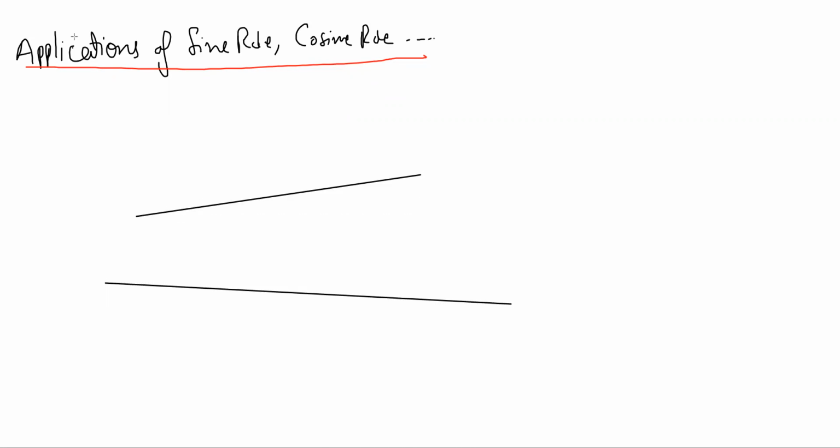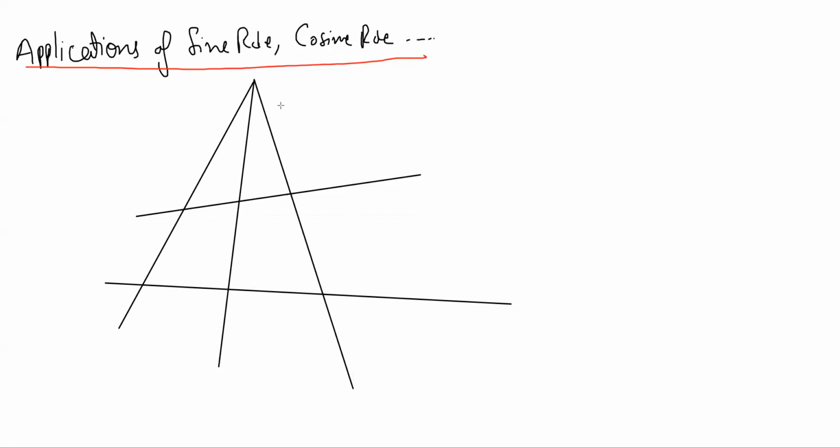Then you have this one source of light, and from there we are drawing four lines. This one will probably only be an application of sine rule.